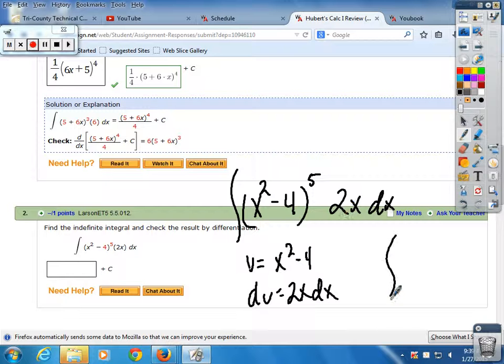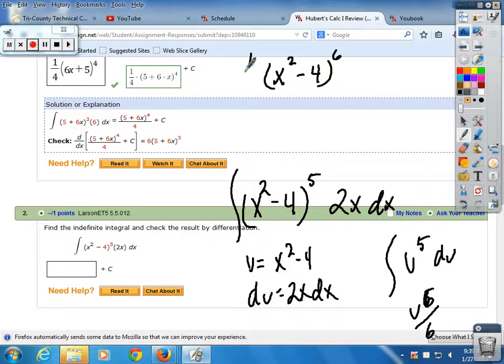So we have the antiderivative of u to the 5th du. So that's going to be u to the 6th over 6, which is going to give us x squared minus 4 to the 6th power, 1/6, plus c.